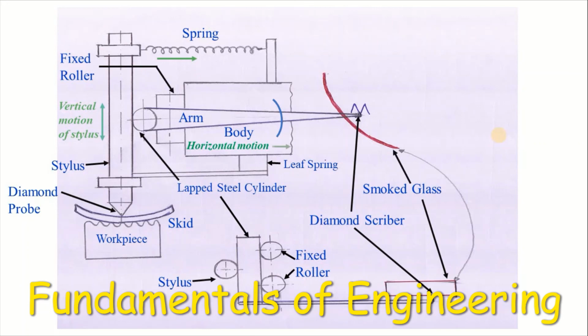The smoke glass trace is then further projected at 50x or 100x magnification for examination. So whatever trace we get by the diamond scriber's movement on the smoke glass is projected again so that it can be examined at 50x or 100x magnification. In this way this Tomlinson surface meter works. This instrument is comparatively cheap and gives reliable results.